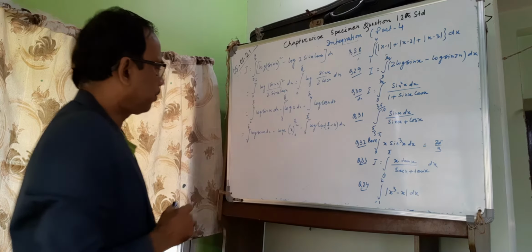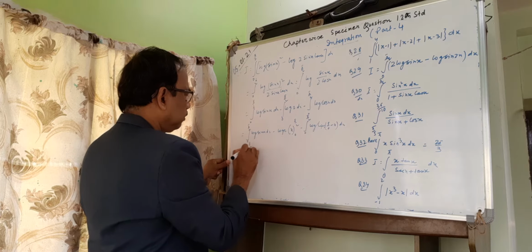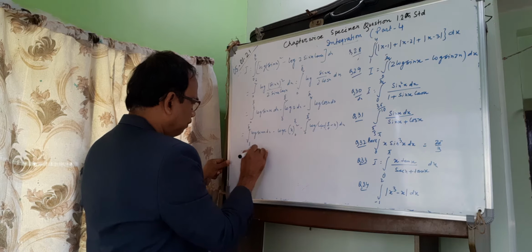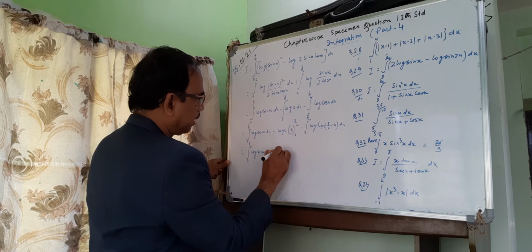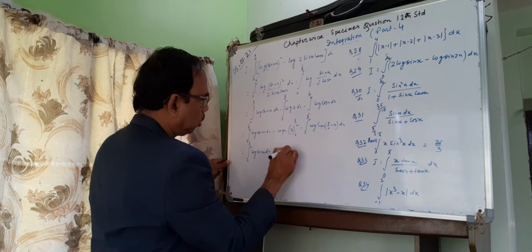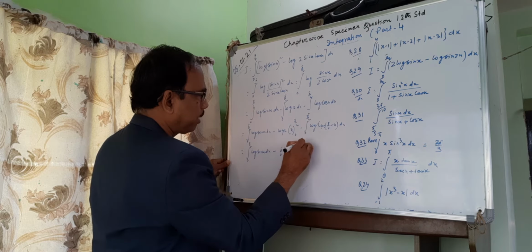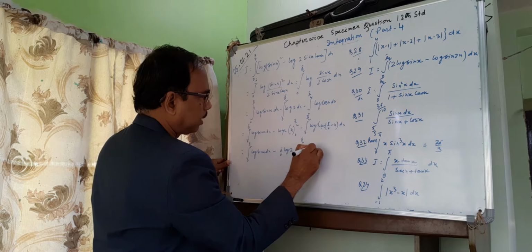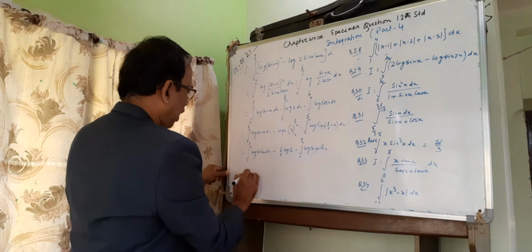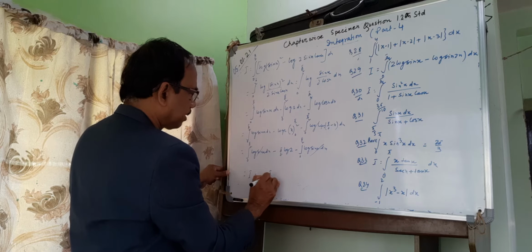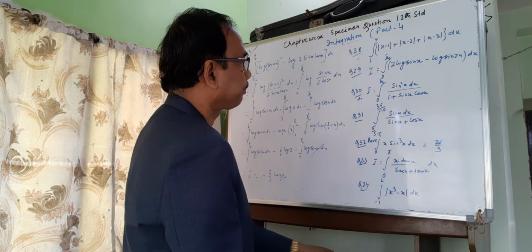Taking the property, that is 0 to pi by 2 log of sine x dx minus pi by 2 log 2, this is minus 0 to pi by 2 log of sine x dx. This and this cancel, therefore I equals minus pi by 2 log 2, that is your final answer.